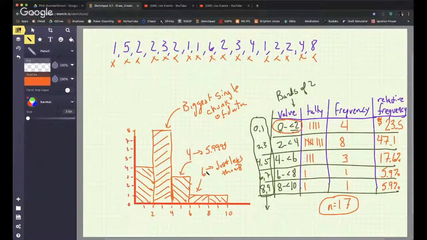So 6, 6.1, 6.2, 7, and everything up to 7.9 goes in this band. Of course, here we're only dealing with integers, but if we had decimal numbers, the decimals would fit in these bands as well. So that's frequency plots and histograms.